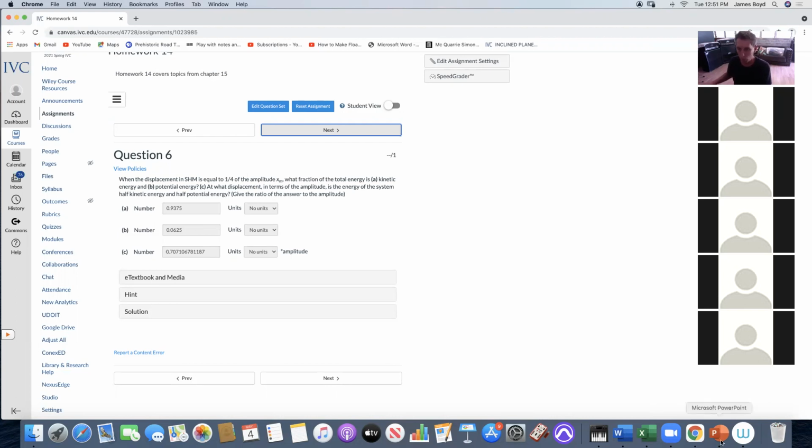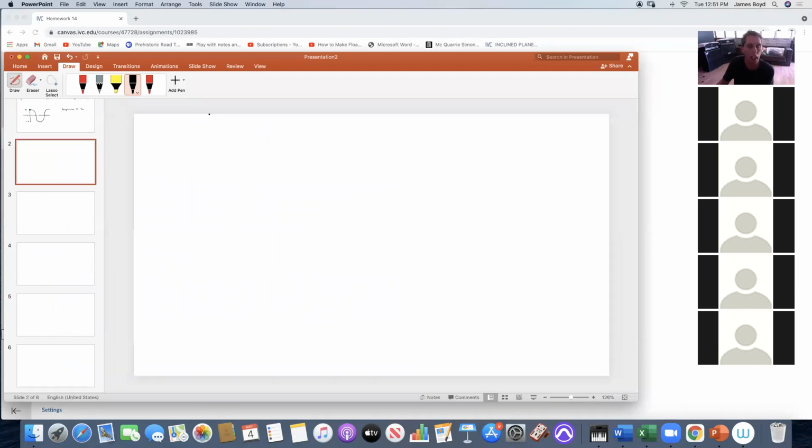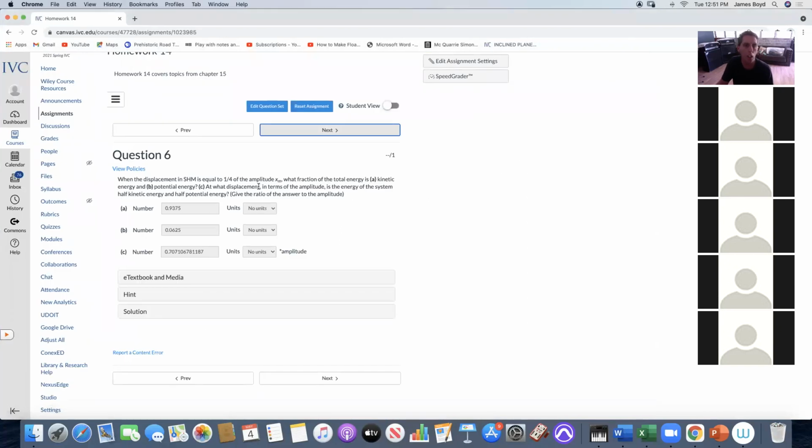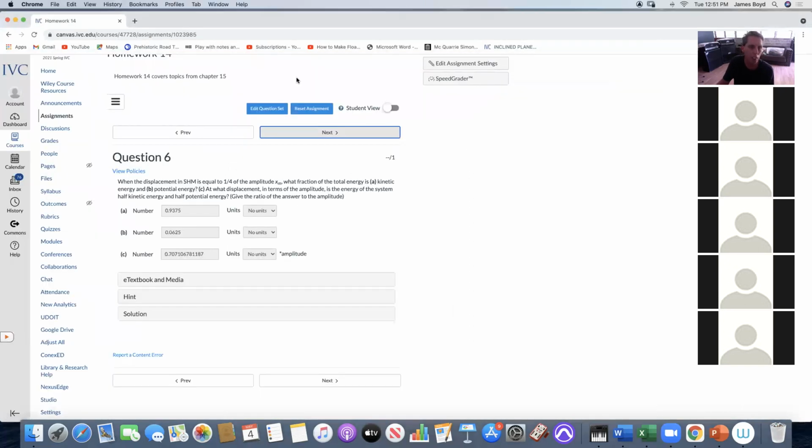So remember that your total energy is k x naught, or x max, squared over 2, but that's equal to the kinetic energy plus the potential energy. So when they ask here, when the amplitude is 1/4 of x max, what fraction is kinetic, what is potential? What they're asking you to do is find kinetic energy over total when, what was it?